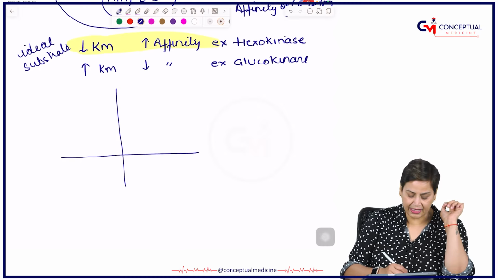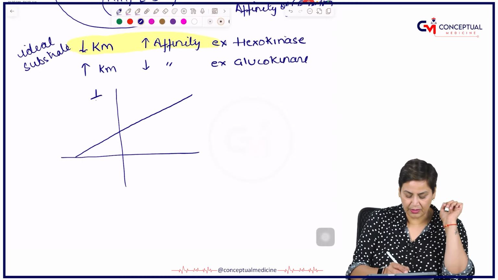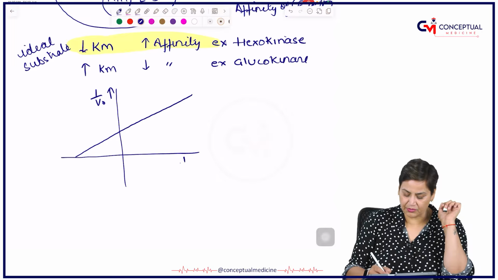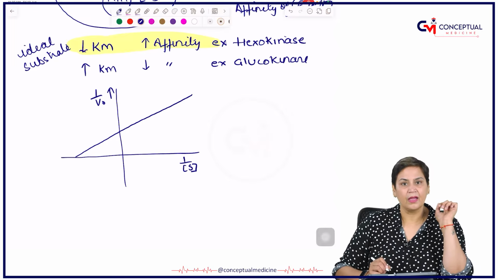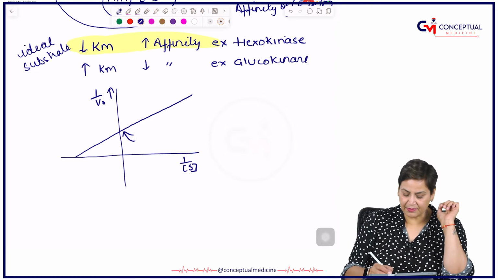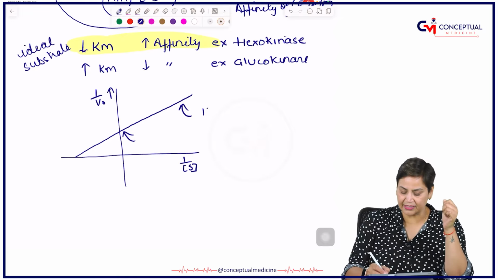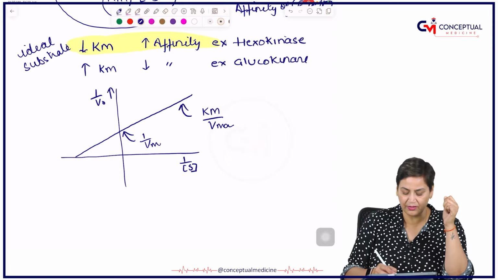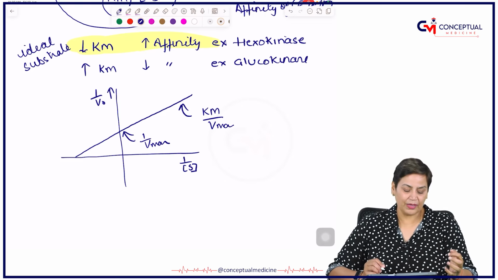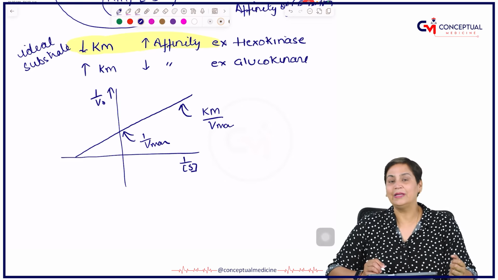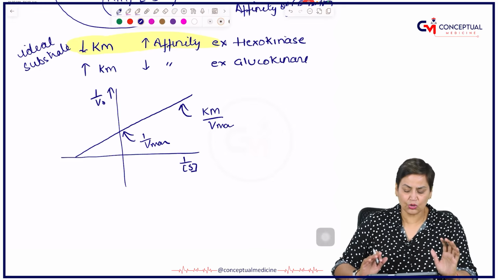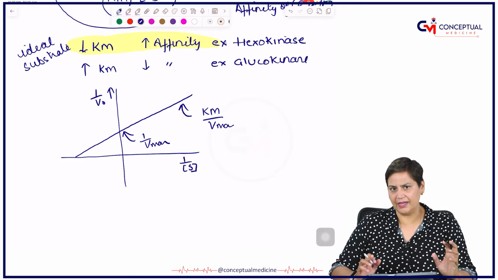If you want any detail, you can go to my previous video. This becomes the intercept and this becomes the slope. So slope is Km over Vmax and intercept is 1 over Vmax. And this is going to play a very important role when we study inhibition. So this is all about the kinetics.